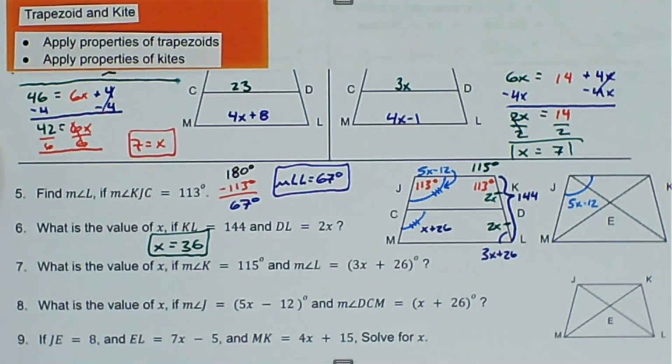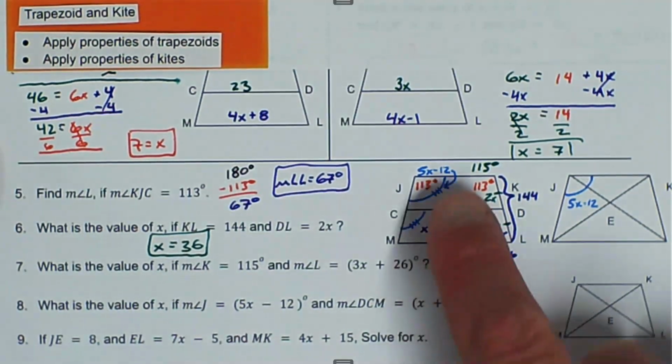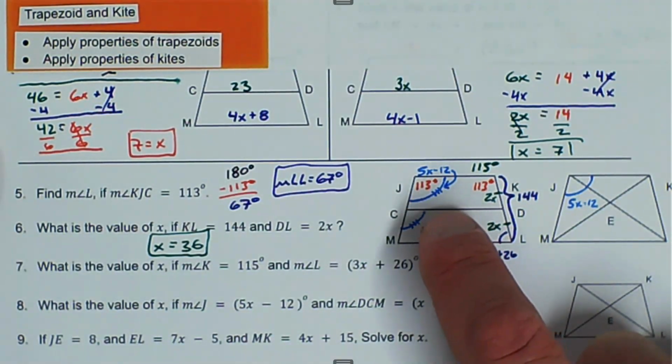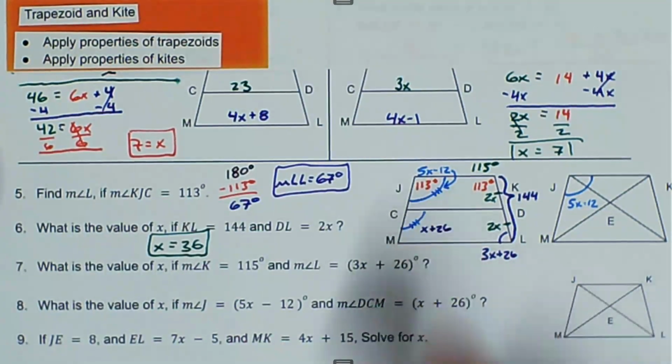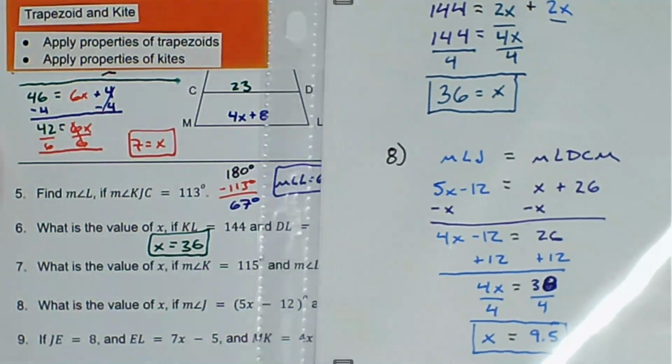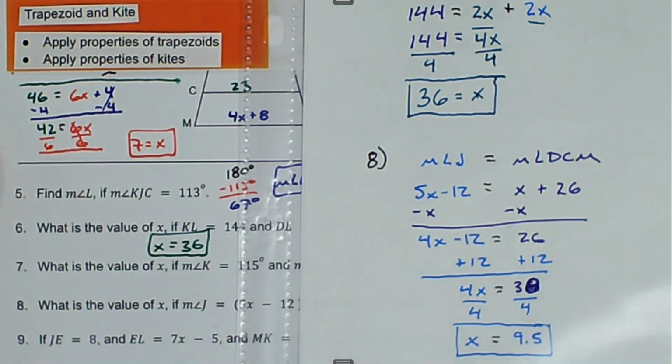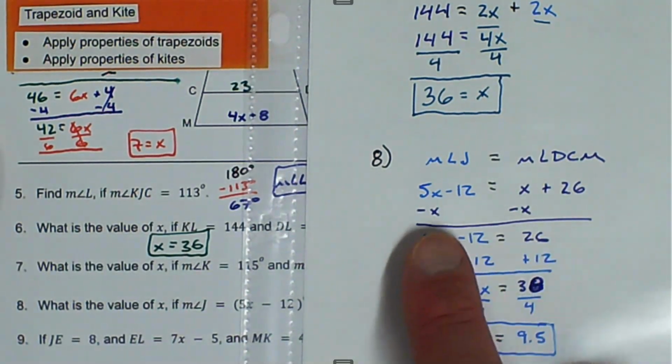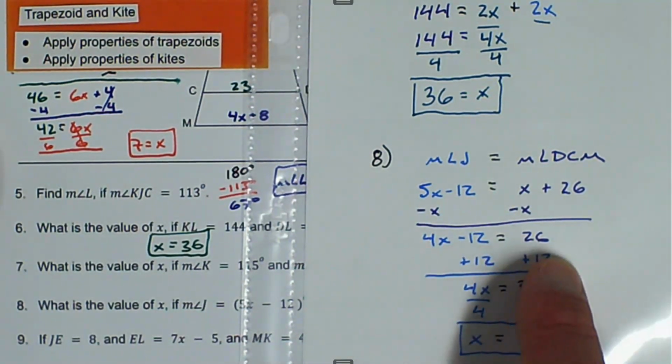I also have this one worked out already. Because these are parallel, we know that corresponding angles are congruent, so we can set those equal to each other. The measure of angle J is equal to the measure of angle DCM. Substitute the values in. We want to get our x's together, so we subtract x, and we get 4x minus 12 equals 26.